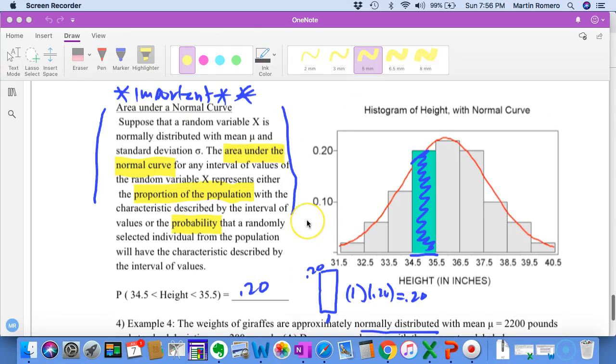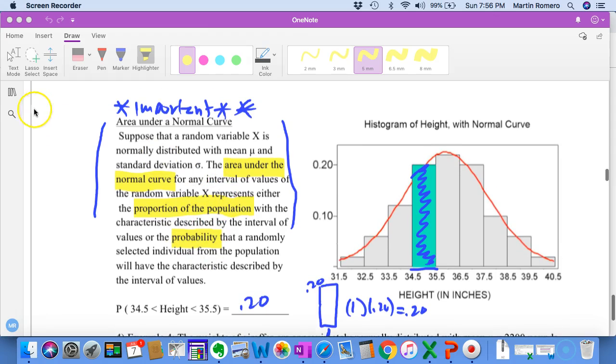If you have your notes from the videos or from lecture, you would see that the area underneath the curve has two interpretations. One, it's the proportion of the population with that characteristic described by the interval, or the probability that a randomly selected individual from the population will have that characteristic. So it's important to recognize that.